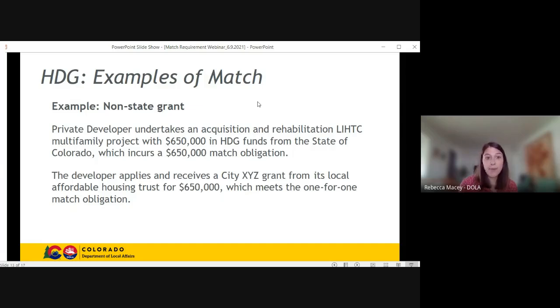So the developer applies and receives City XYZ's grant from its local affordable housing trust fund for $650,000. This meets the one-for-one match obligation. So this is a non-state grant example of both a contribution from the local municipality and the state in an effort to build the project.